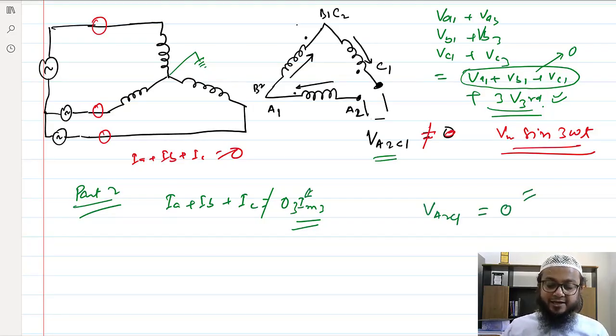That means if I am allowing the magnetizing current to pass in the network, then the voltage is perfectly sinusoidal, the third harmonic component is not there. And if I am not allowing the third harmonic component of the magnetizing current to flow in the network, then the voltage waveform gets distorted. Okay, it will have the third harmonic component.